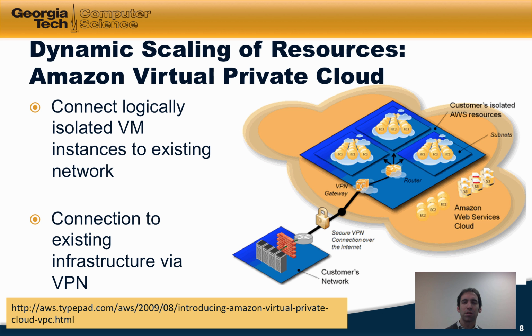But instead, what you might do is use something like Amazon's virtual private cloud to dynamically provision and configure additional resources on demand. This application offers many benefits, including the ability to dynamically scale the resources that are available to you based on demand.